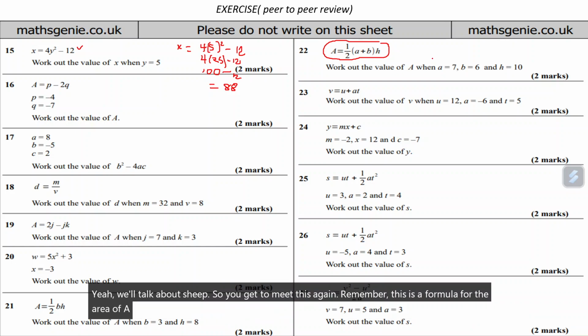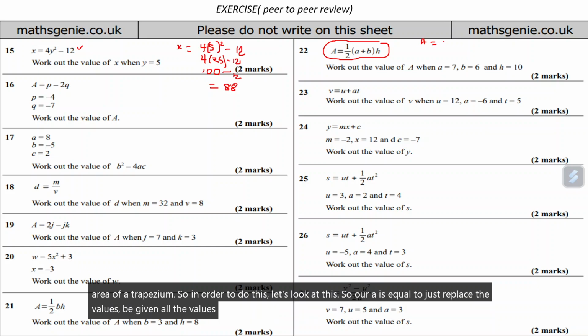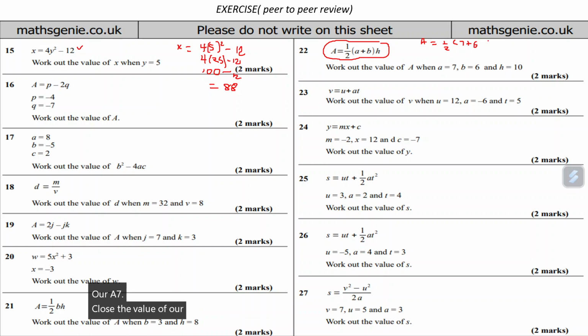So in order to do this, our A is equal to, just replace the values, we are given all the values here. This is half. Our A is 7 plus the value of our B, which is 6, times the height, which is 10.